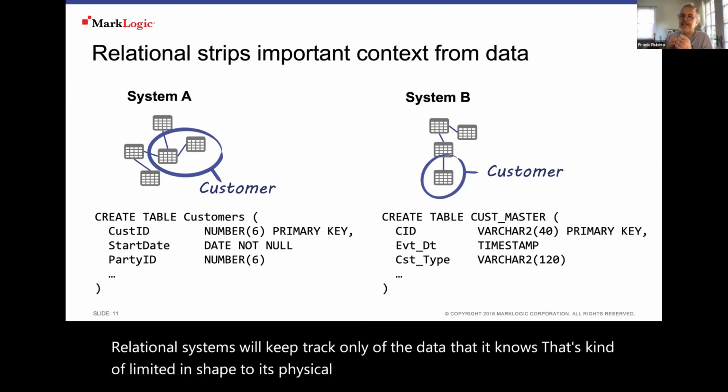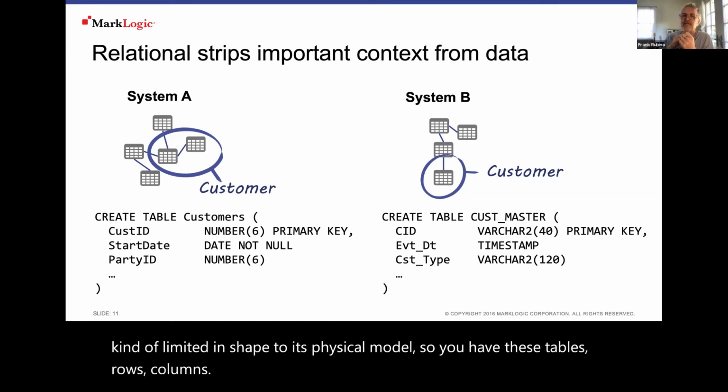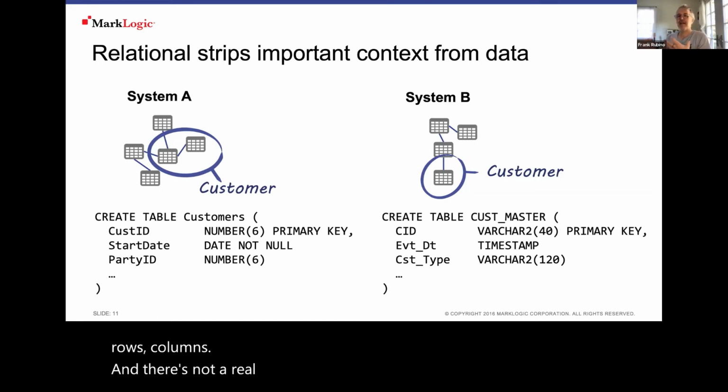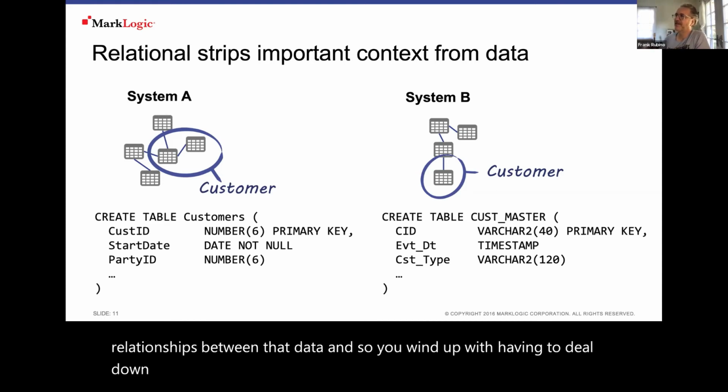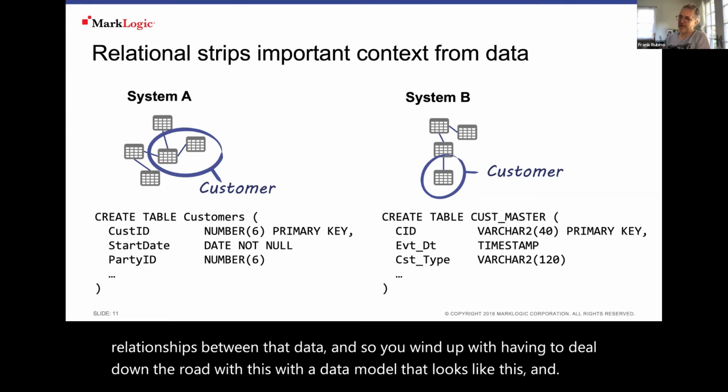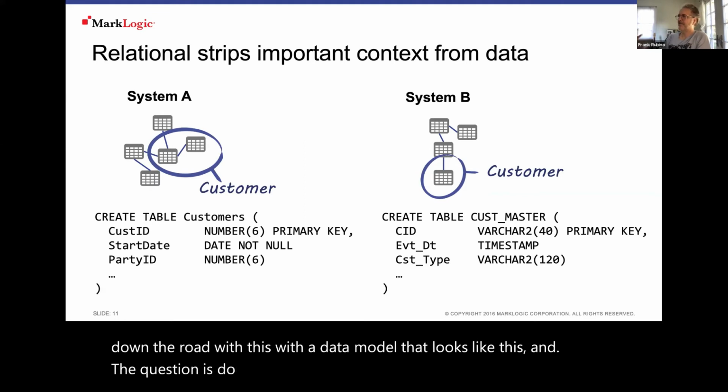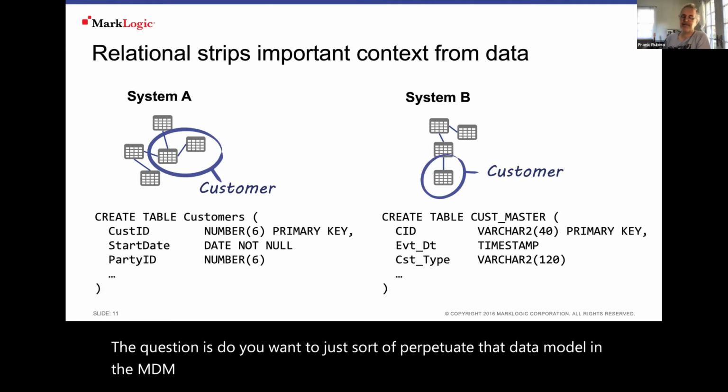So you have these tables, rows, columns, and there's not a real mechanism there to capture all of the relationships between that data. And so you wind up having to deal down the road with a data model that looks like this. And the question is, do you want to just perpetuate that data model in the MDM system, or do you want to do some other kind of modeling with it?